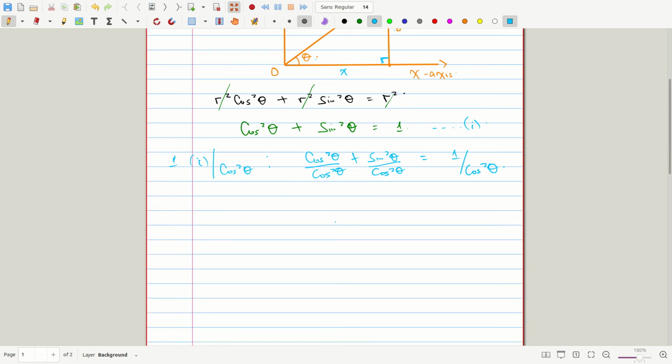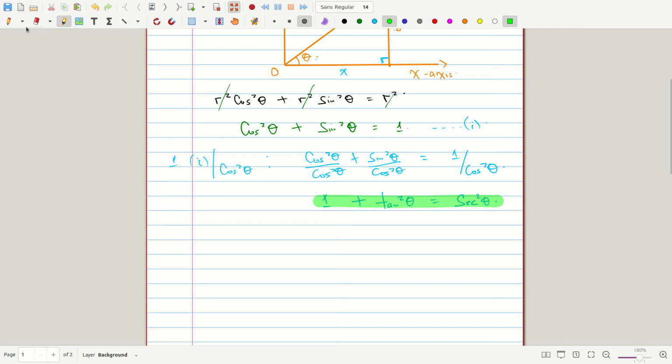Okay, so we know this is 1, and then sine over cos, if you're familiar with these trigonometric properties, we know that sine over cos is tan, but since everything is squared, we have tan squared theta, and then 1 over cos is sec, and since everything is squared, we have sec squared theta. So this is an important result, which we shall use in the course of our study here.